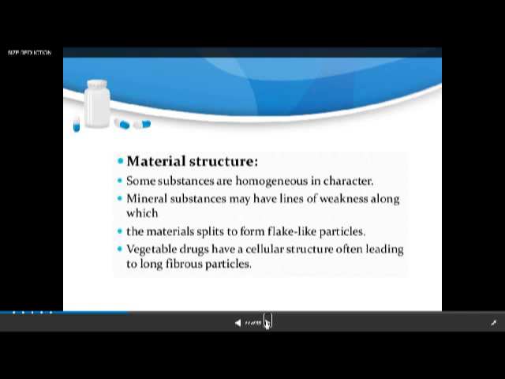If the material is in a coarser size and not fibrous, then it is easy to break.